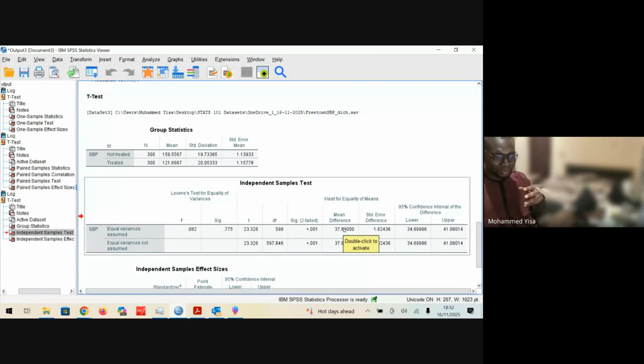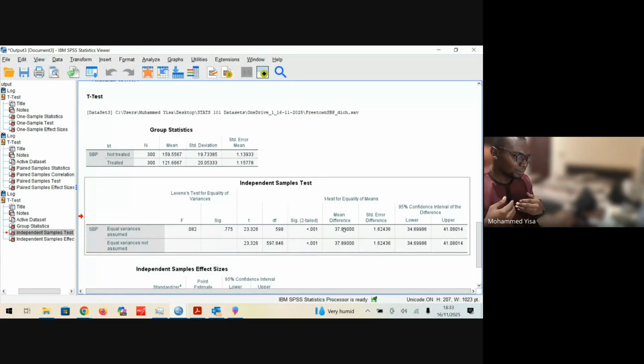In other studies about blood pressure, we know that even a 5 or 10 millimeters of mercury drop can give you a huge advantage when it comes to outcomes like stroke and other things associated with blood pressure. So when you are reporting your findings in the journal, your interpretation and discussion would also highlight this fact.